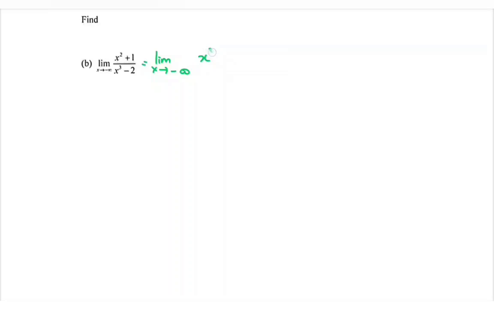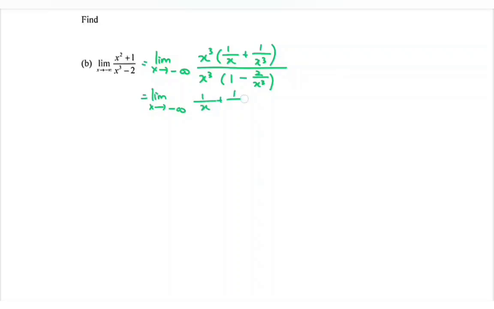If we factor out x to the power of 3, then we will have 1 over x plus 1 over x to the power of 3, over 1 minus 2 over x to the power of 3.